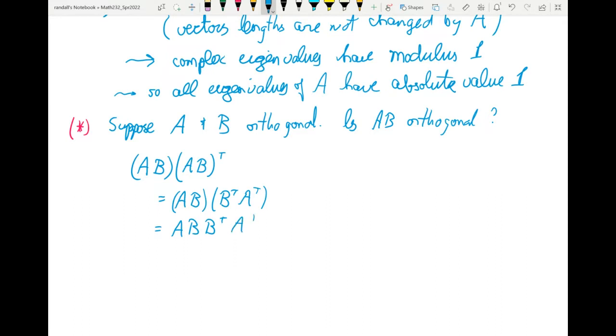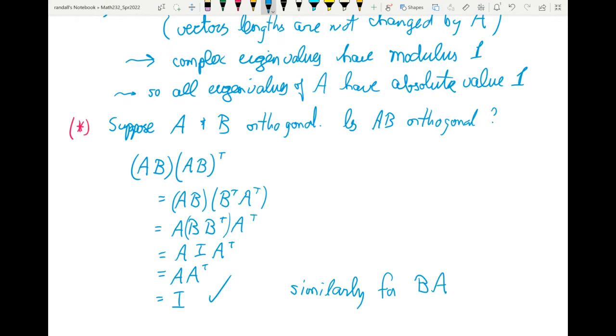I have this product of four matrices, and I'm going to do the inner two first. B is orthogonal, so that becomes an I, which I can drop out. Now A is orthogonal, so that becomes an I. Similarly for the other product, B times A. So products of orthogonal matrices are also orthogonal.